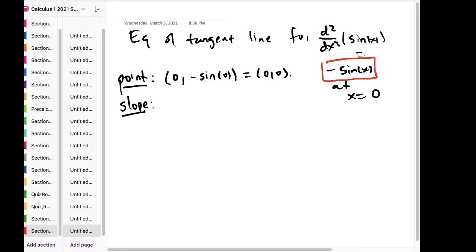And what's the slope? What's the derivative of negative sine? Derivative of negative sine? Use the constant rule. Take the negative out.